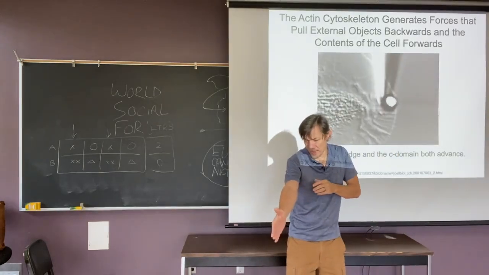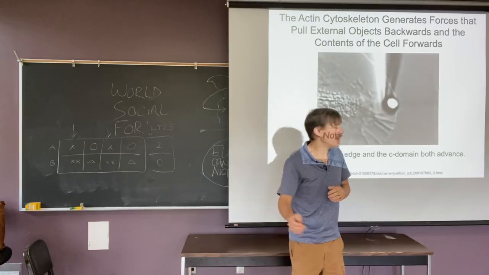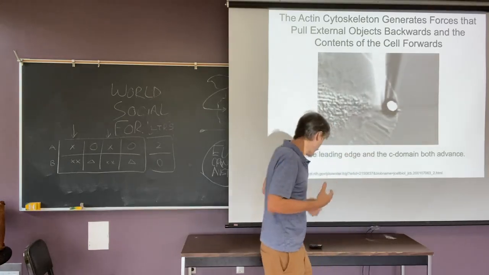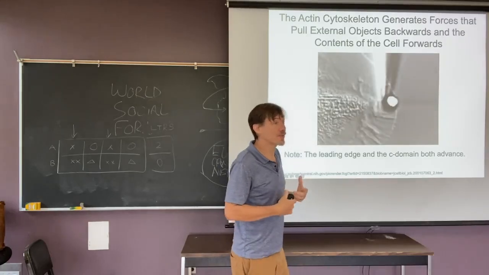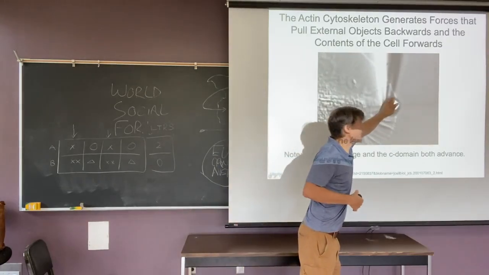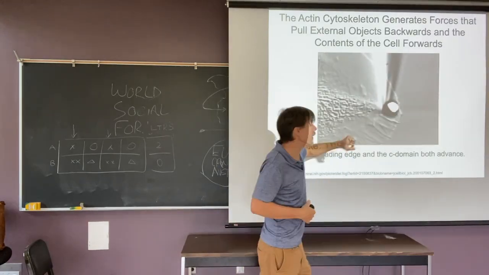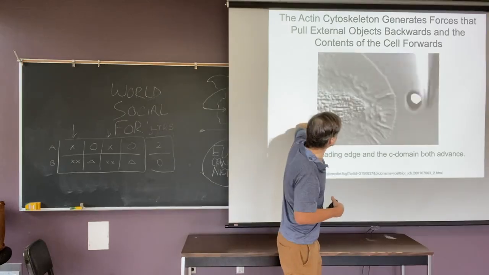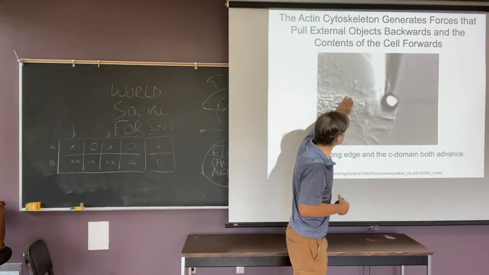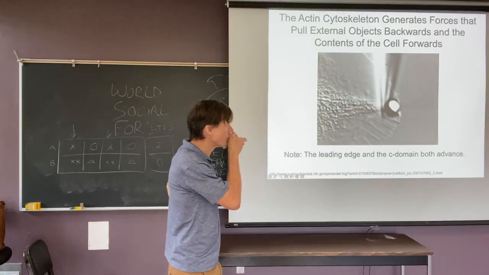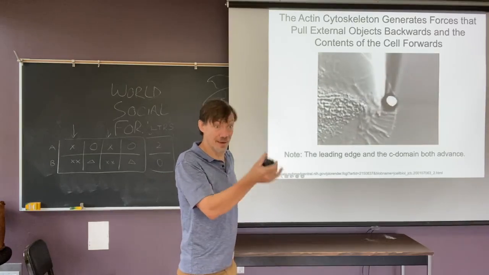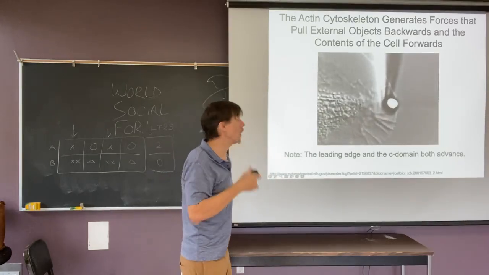The bead is just being held in place with this pipette. And we want to look at what's going on in the growth cone as it responds to this bead that has these cell adhesion molecules on it. So let's watch the C domain of the growth cone. What's happening with that over time? It's moving forward. So, okay.